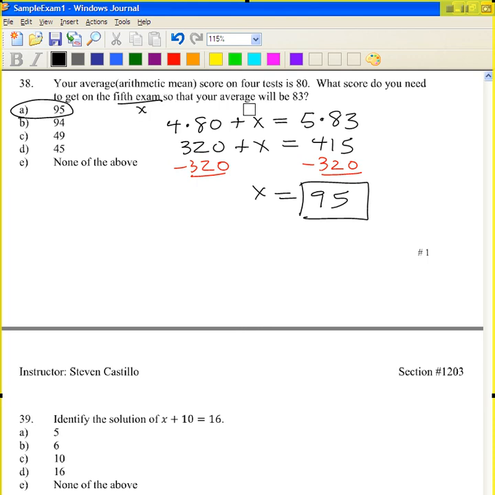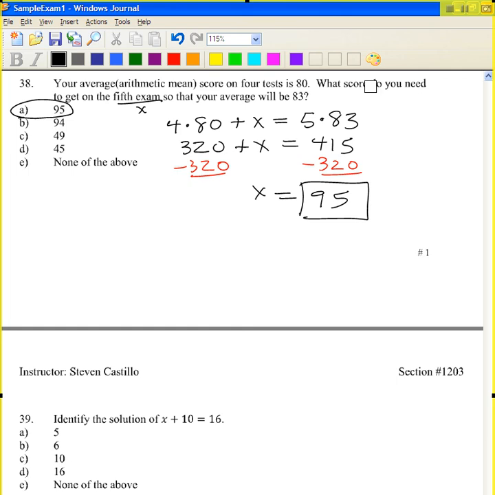You add the 5th exam. Now you want that for those 5 exams, the average is 83. So the 4 here is because they had 4 exams. The 80 is because the average was 80. The 5 here is because they had 5 exams. And the 83 is because there's an average of 83. Okay?